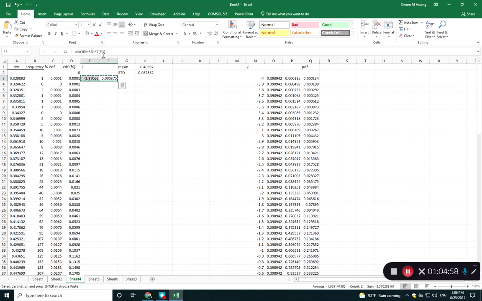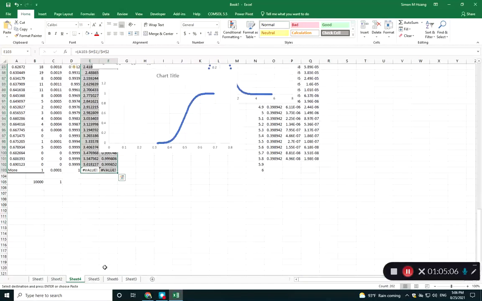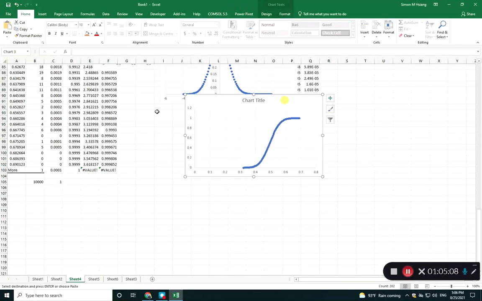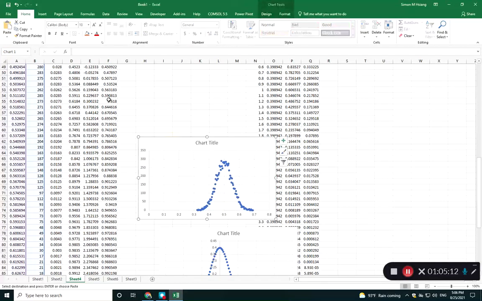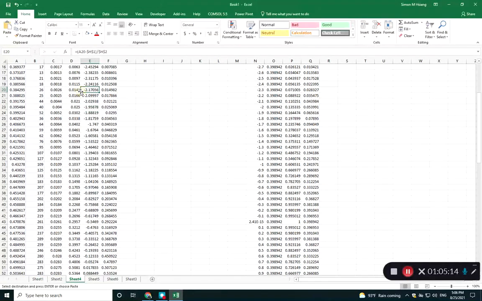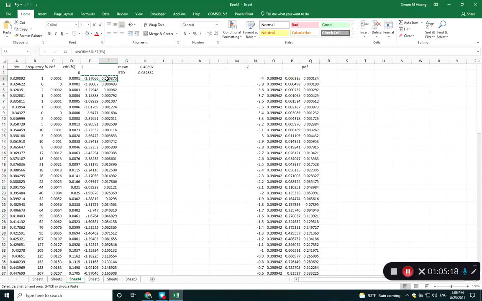And now, if we compare, first let me just finish it. Now I have two different ways to get to the number, the CDF.